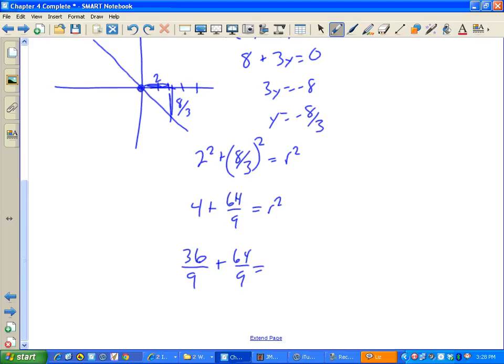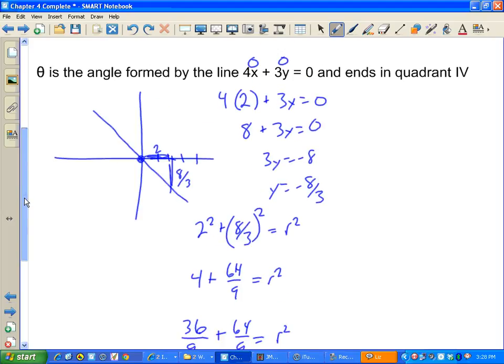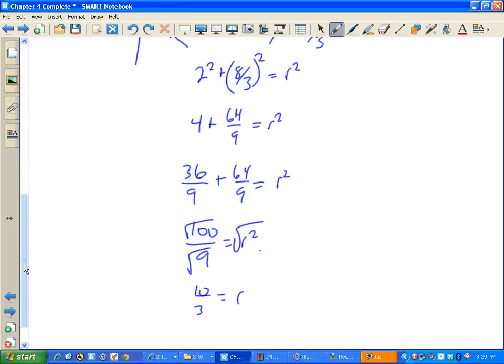Plus 64 ninths equals r squared. This is 100 ninths equals r squared, and I can square root these and get 10/3, which is r. And now I can go through and find all my trig values. Because I've got this triangle, 2, -8/3 and 10/3.